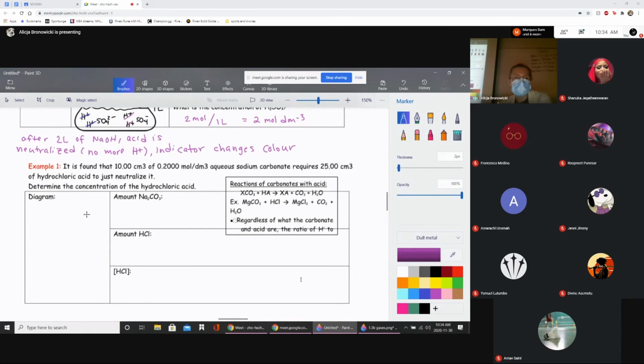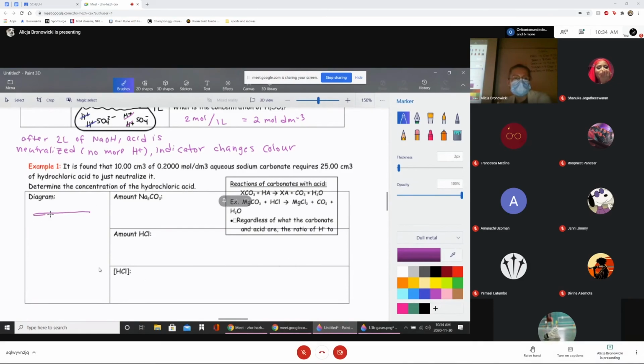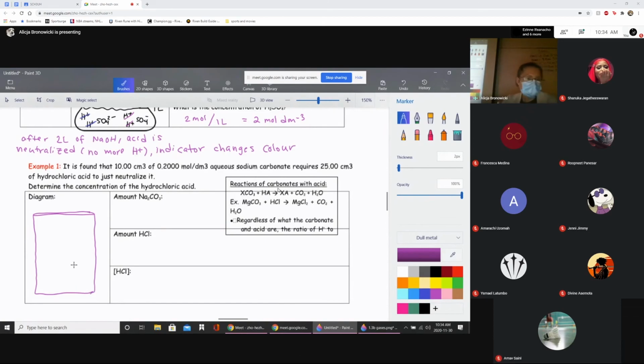So let's draw what we've got going on here. Again, the values that I'm picking here are just arbitrary.